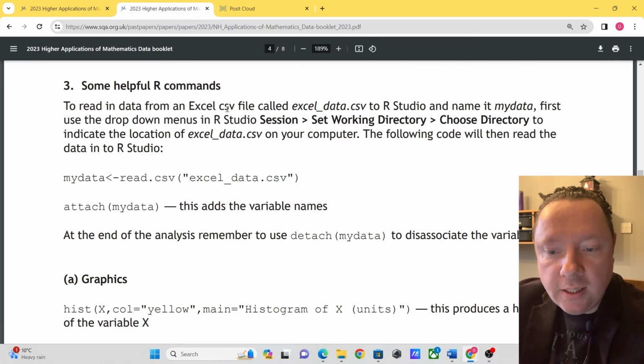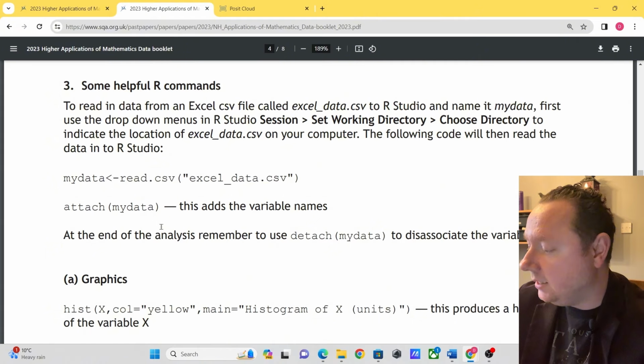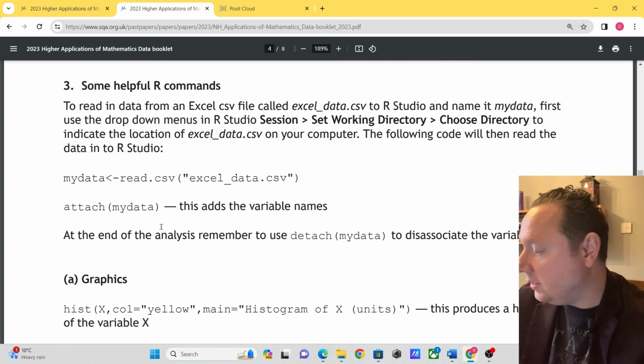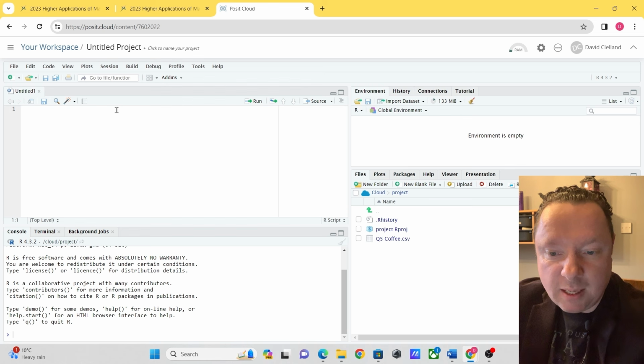The first ones we need are my data and attach my data. Now I'm going to type this in, but you can actually copy and paste these as well, which is really quite handy. But I'm going to type them in in case copy and pasting doesn't work for you anyway. So let's go to RStudio, which I've got on the cloud, but you might have had it downloaded. Same kind of thing. You find your file on your computer and get it into RStudio first of all.